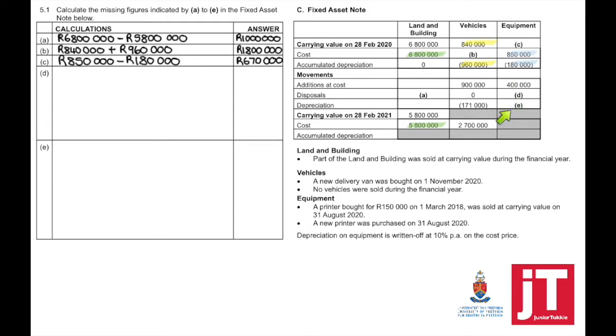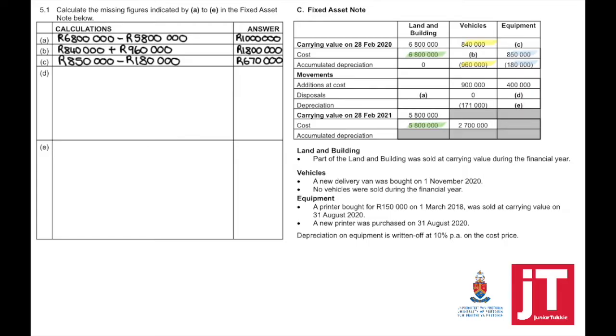To calculate D, disposal of equipment, we now need to look at what information is given to us. They said a printer was bought for 150,000 on the 1st of March 2018, and that was sold at carrying value on the 31st of August 2020.